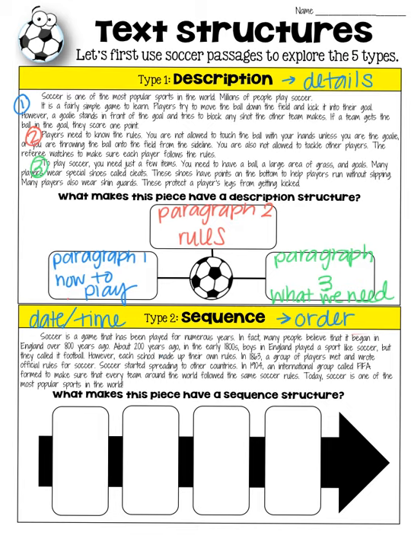This piece has a sequence structure because it tells us how soccer has changed over time. So at first, let's say about 200 years ago, in the early 1800s, it was called football. In 1863, some rules were written.